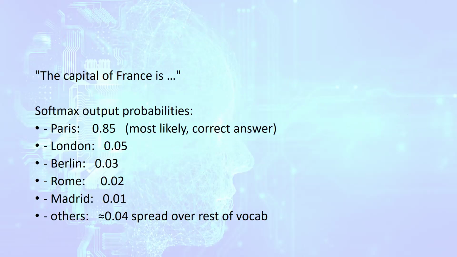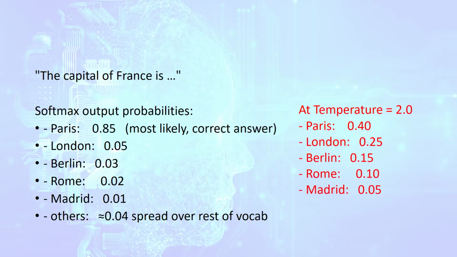Returning to this example, the capital of France is, if we have probabilities given by the so-called softmax algorithm, for example, Paris is 85%, London 5%, but if we increase the temperature of our algorithm, then the probabilities become quite smooth, and at first sight wrong answers are also given a chance.